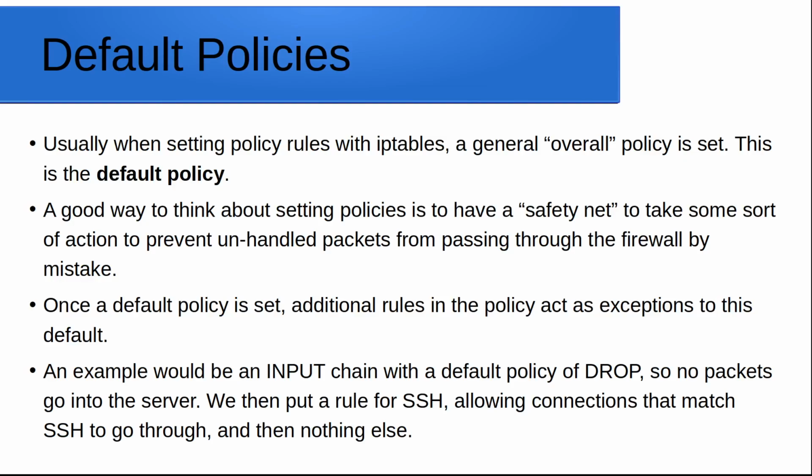So you need inbound web traffic and inbound SSH traffic. That's it, right? So if you set the default policy to drop, and then you only add rules to allow those two ports, life's pretty good, isn't it? It makes it a lot easier, and it makes it a lot more secure. This is a common practice, not just in Linux, but every operating system firewall and even hardware firewall appliances.